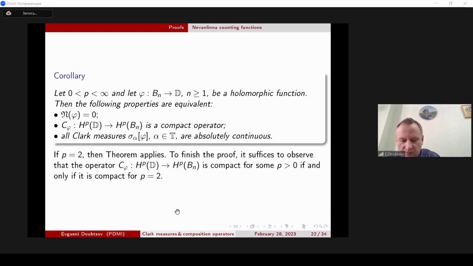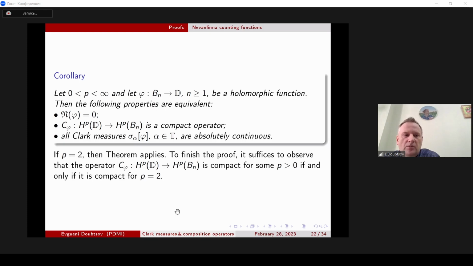But it is considered that once we have a holomorphic self-mapping, say on the unit disk, to consider this mapping and its Clark measures, it's all the same, just in different terms. So this is the most explicit characterization once we use Clark measures.